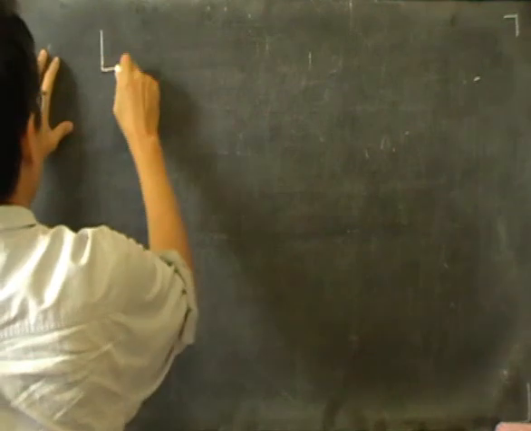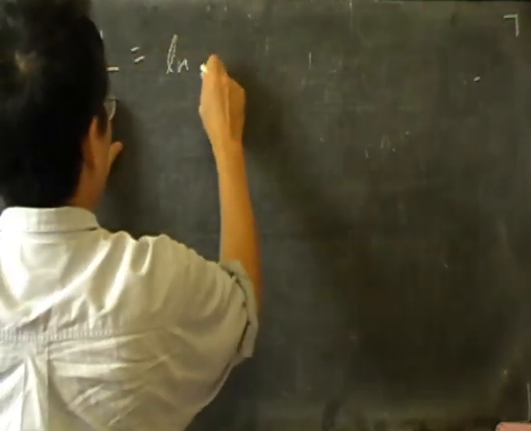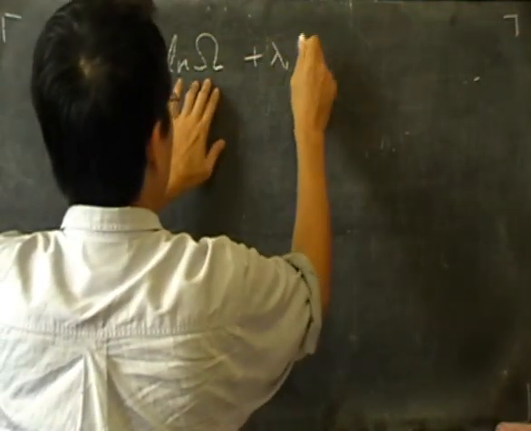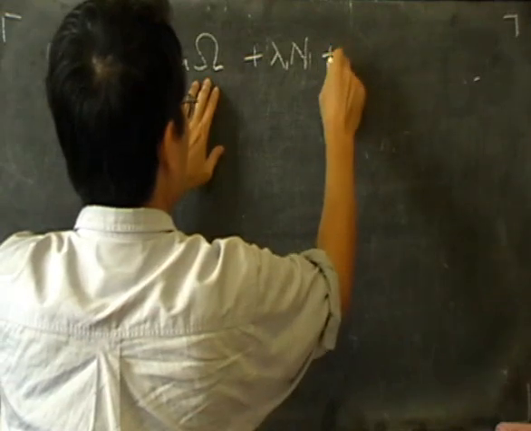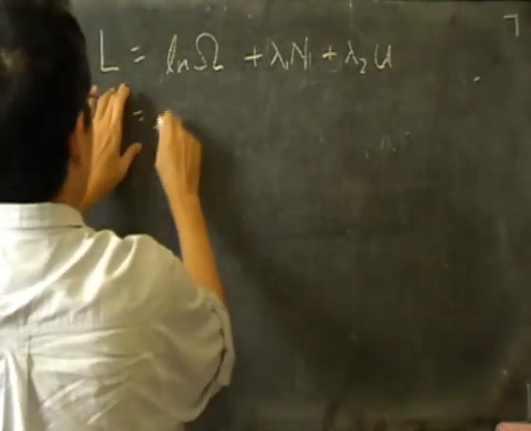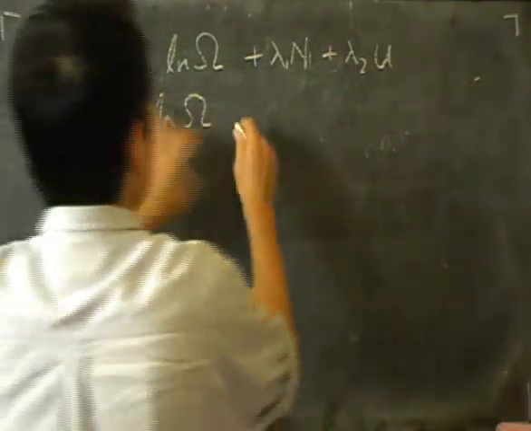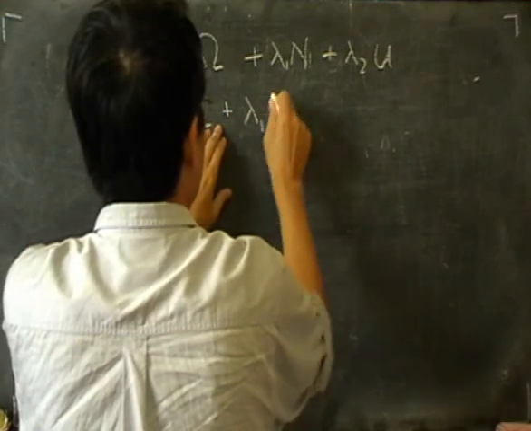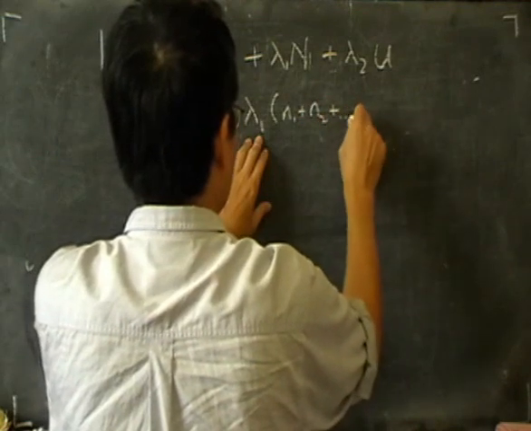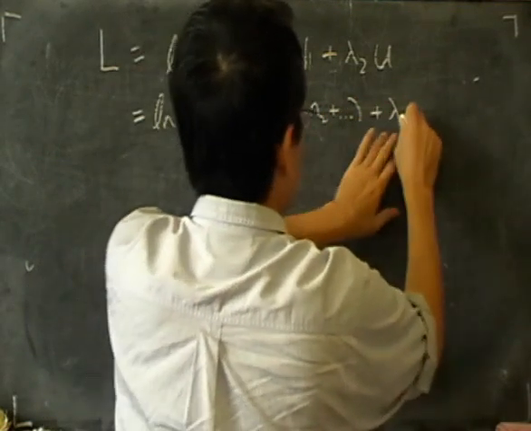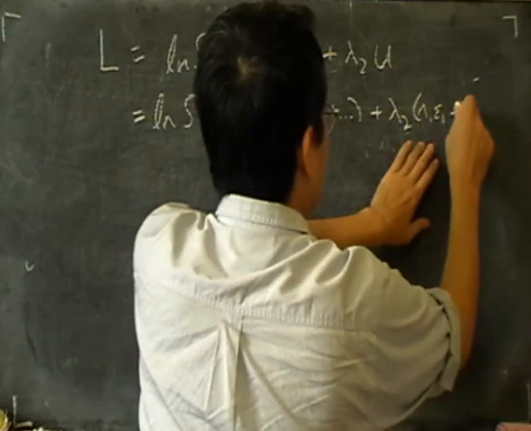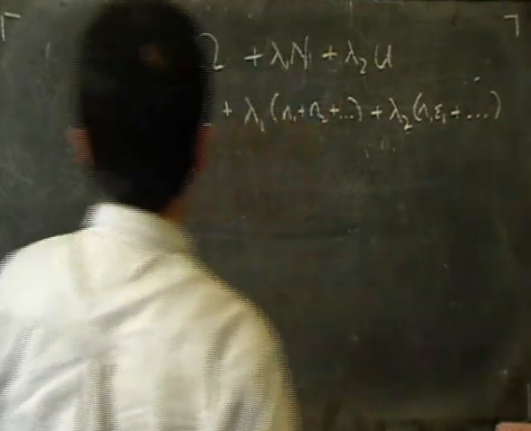The Lagrange function is the log of omega plus lambda 1 n plus lambda 2 u, where big N is really n1 plus n2 plus dot dot dot, and u is really n1 epsilon 1 plus dot dot dot.